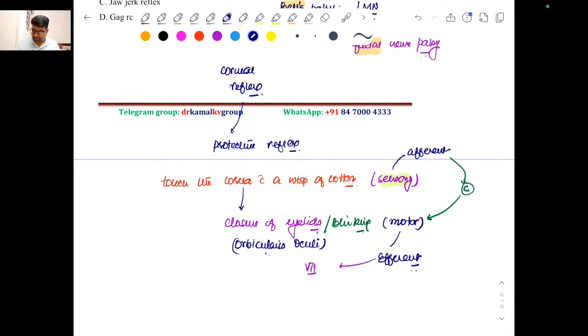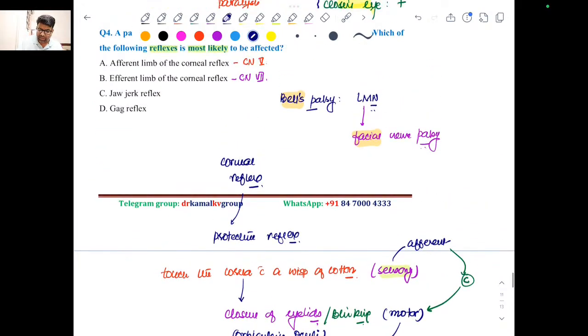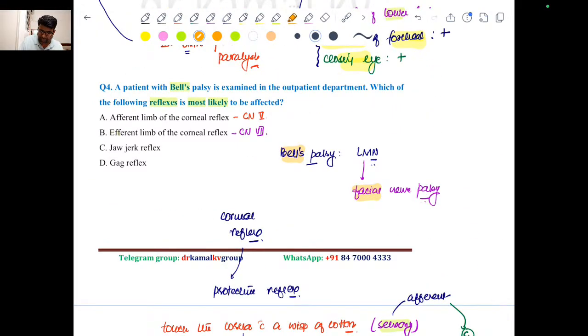We know that the facial nerve supplies all muscles of facial expression, so the orbicularis oculi is also supplied by the facial nerve. So the facial nerve comprises the efferent limb of the corneal reflex.